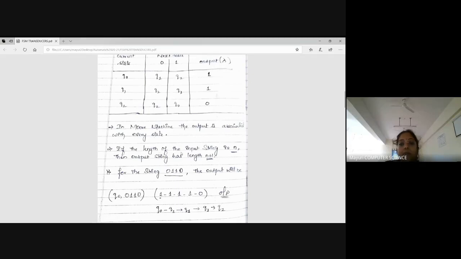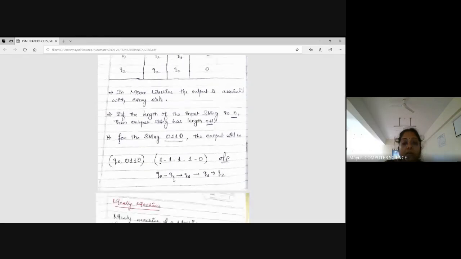As I told you, in a Moore machine the output is associated with every state. If the length of the input string is n, the output string length has to be n plus 1. It's very simple. Suppose here the length of the input string I have taken is 4. How come the length of the output is 4 plus 1, that is 5? Just have a look. This is the input string I have applied to the state Q naught.